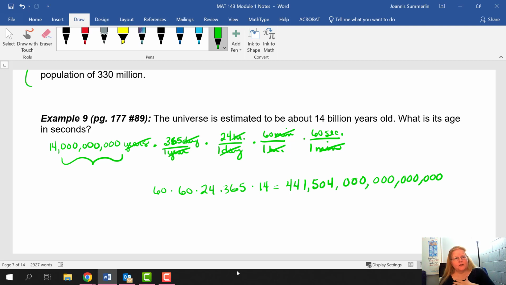Now I don't fancy looking up what that number would really be called. I don't care what it would really be called. Doesn't really matter to me what anything to the 21st spot is called. But I can write it in scientific notation. 4.41504 times 10, and then how many spaces did our decimal point have to move?